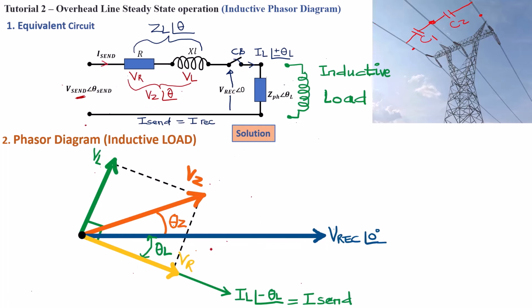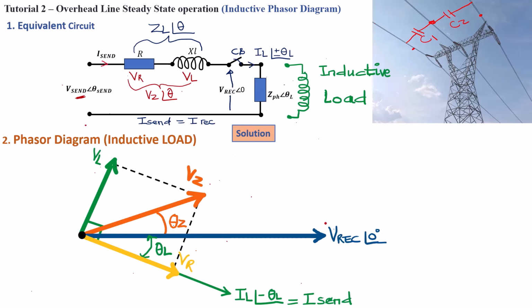So just like we did on the resistive load tutorial, to draw the phasor diagram of V sending, we have to make a projection of the Vz, because remember, what's missing in this V receiving end is Vz. So V sending end is the algebraic sum of V receiving plus Vz. That will be the V sending voltage, V drop plus V receiving.